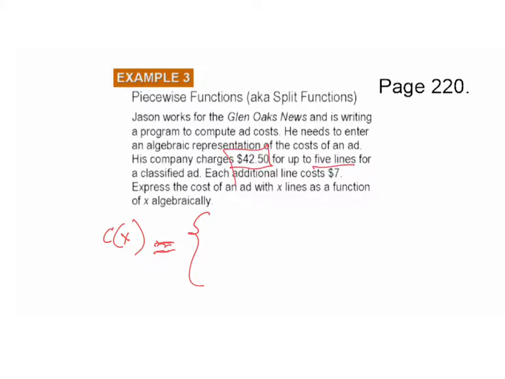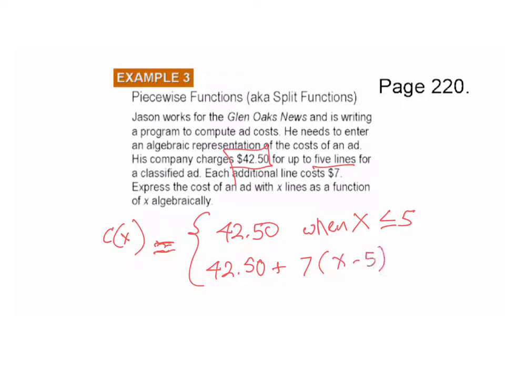So we'd write 42.50 when x, that's the number, is less than or equal to 5 lines. But there is another case. What happens when you have more than 5 lines? That would be $42.50 plus 7 times whatever x is, but you have to subtract the first 5 lines. So 7 times x minus 5, when x is greater than 5.